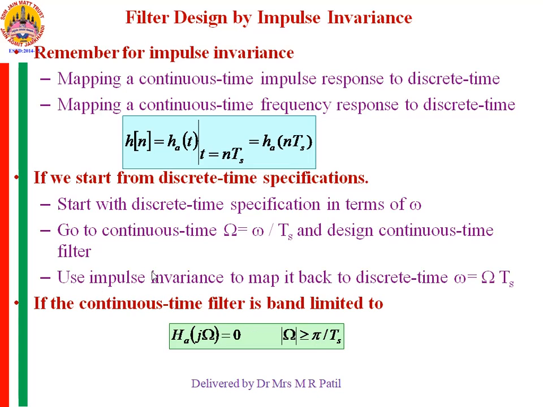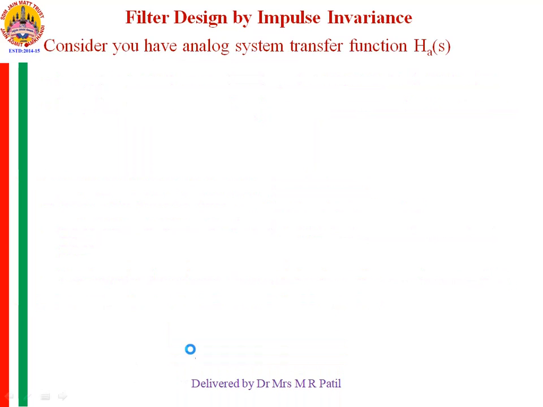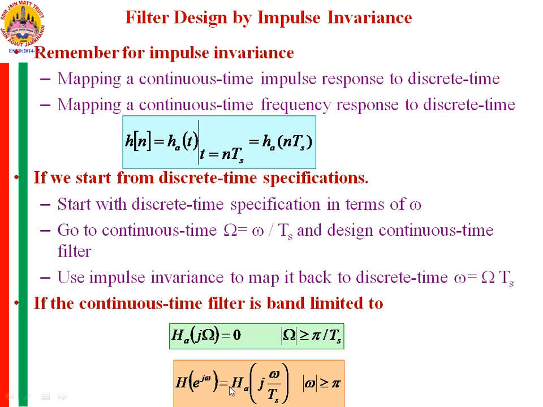So now we shall concentrate on how to use the impulse invariance technique to map to the discrete time frequency omega, which is equal to Omega Ts. If the continuous time filter is band limited, with magnitude of Omega greater than or equal to pi by Ts, Ts the sampling period, then H of e raised to j omega is equal to H_a of j Omega by Ts.